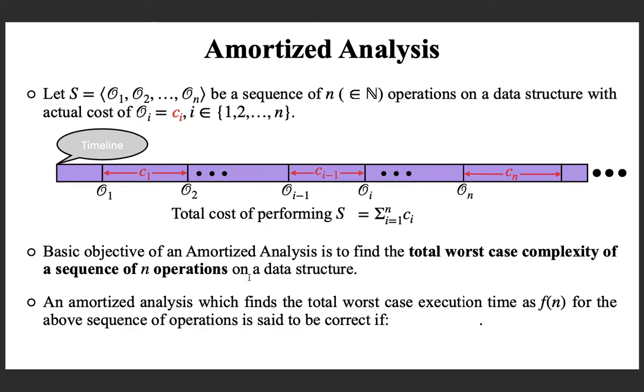Now, when can you say that an amortized analysis is correct? Suppose you are looking at this sequence of operations and you want to find the amortized cost of the entire sequence of operations as a function of n.